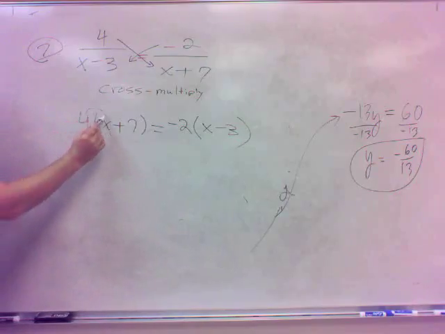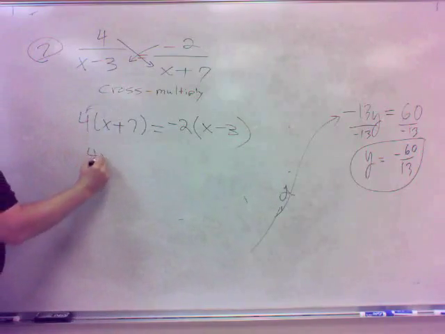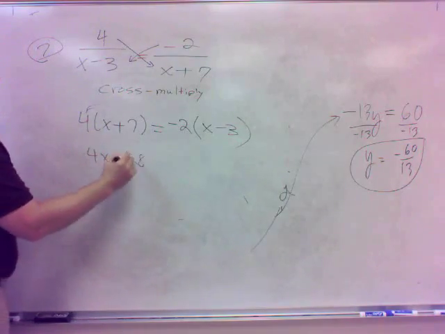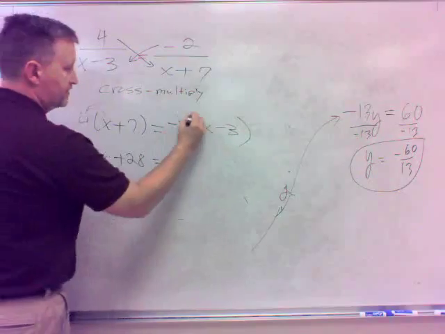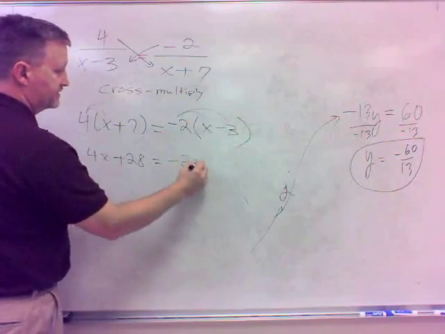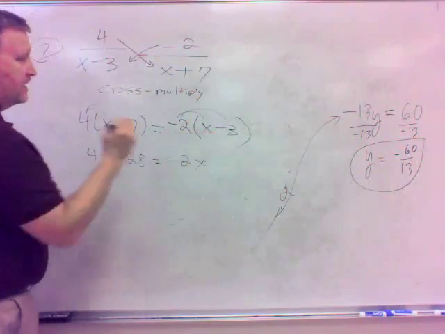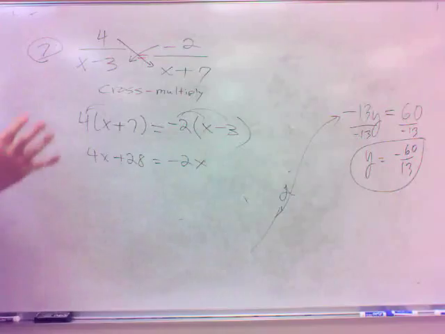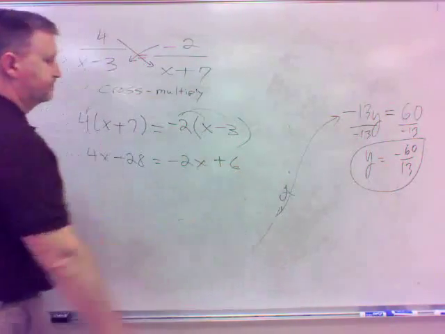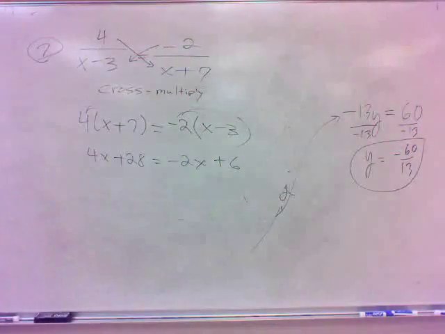All right, so that would be distribute: 4x plus 28, right? Then distribute here, negative 2 times x is negative 2x. Negative 2 times negative 3 is plus 6. It's a little bit easier than that last one.